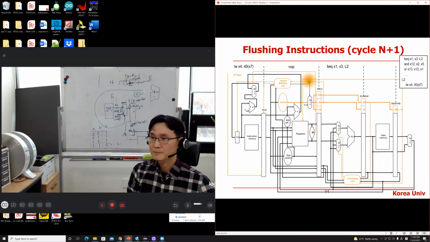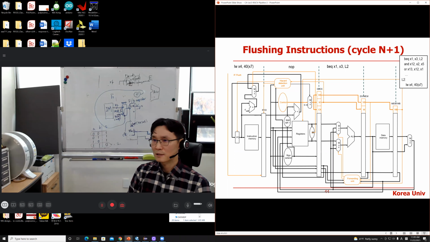Okay, that is about the control hazard problem and how to resolve that issue by hardware.